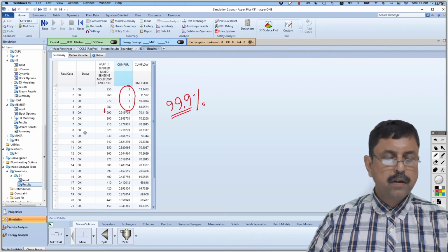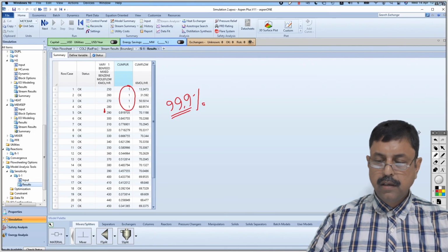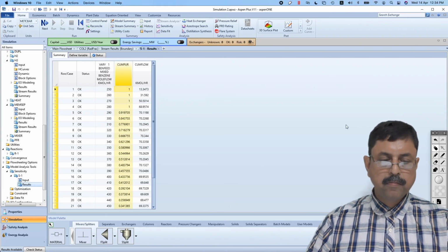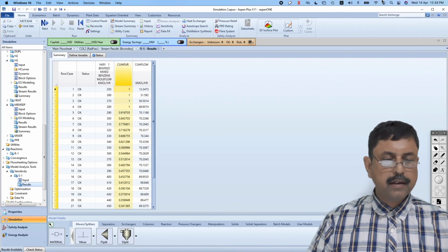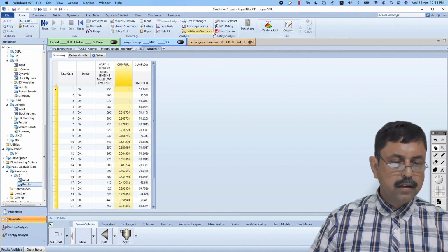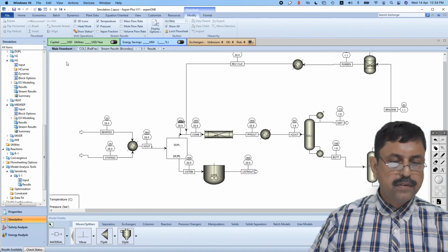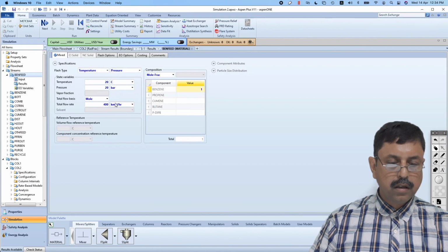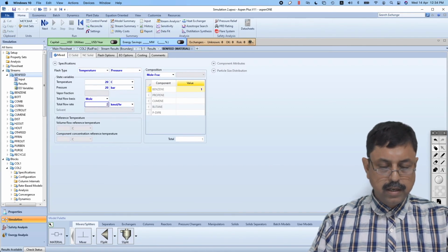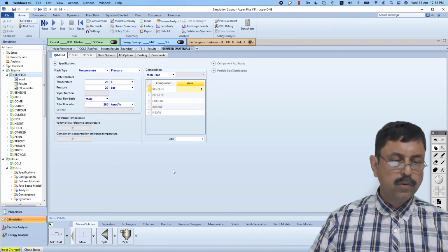For instance, if you go to the simulation window and check, instead of 400 you give the flow rate as 280 kilomole per hour.